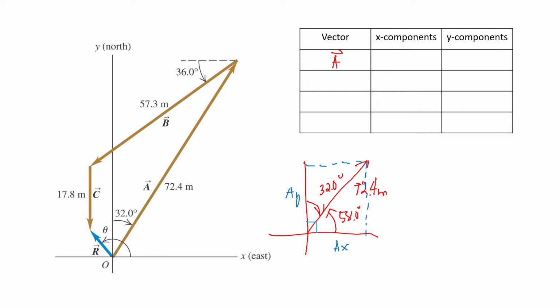Okay, let's first find the X component of your vector A. Since your X component is the adjacent side, I can use A cosine theta. Your A is 72.4 meters, the magnitude of A, times cosine theta, which is 58 degrees.